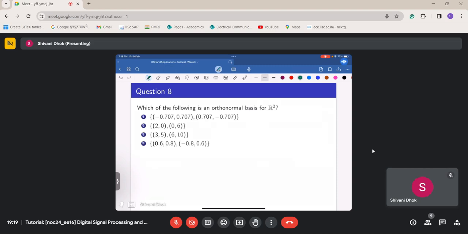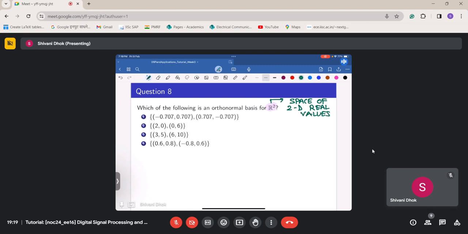What it says is which of the following is an orthonormal basis for R2? So what does it mean? R2 is the space of two-dimensional real vectors.